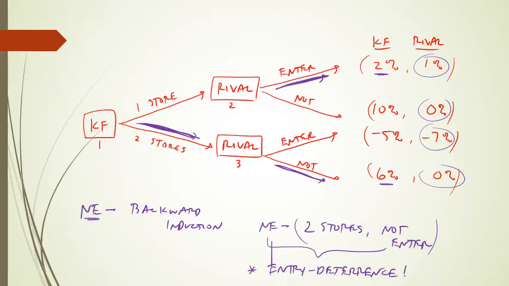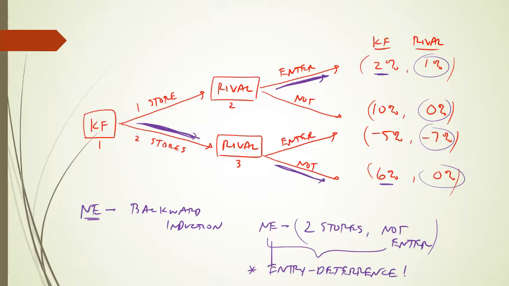So the way that we find the Nash equilibrium in this case, sometimes called the subgame perfect Nash equilibrium, is we work from the end back to the beginning of the game. So we start on the far right-hand side and we work back to the left-hand side. So we've already determined that the rival at node 2 would enter and the rival at node 3 would not.